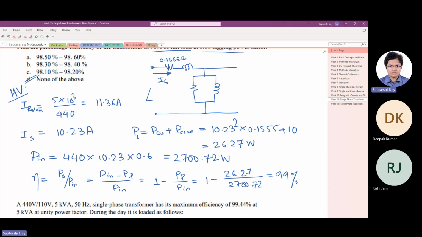Tell me if there is a doubt in the solution. Any doubt in the solution?